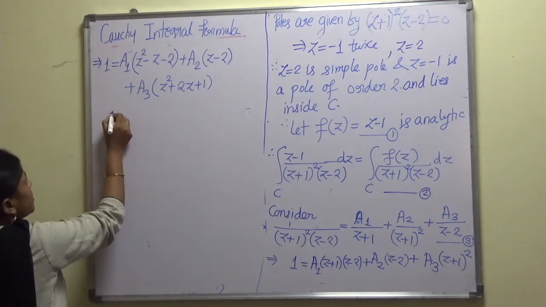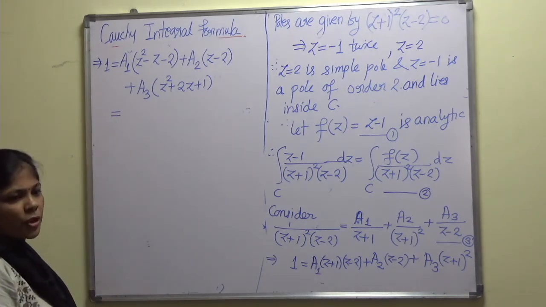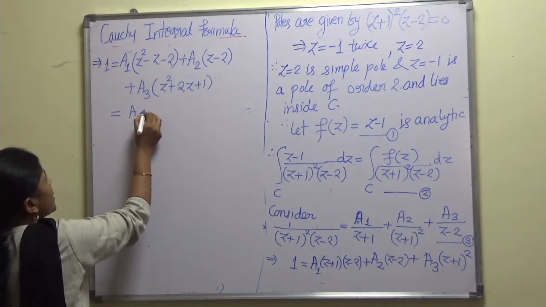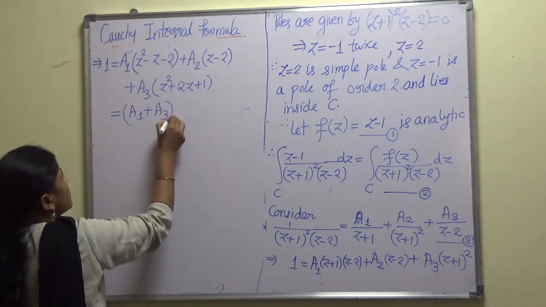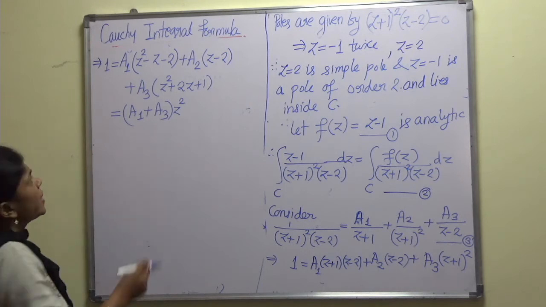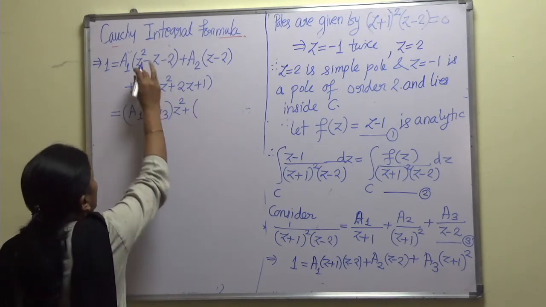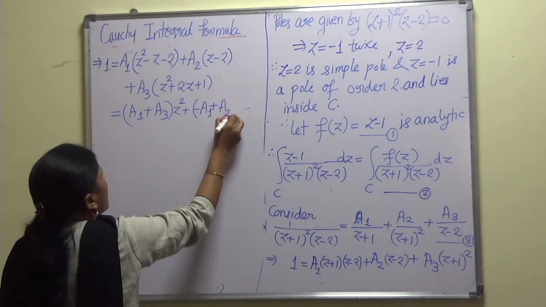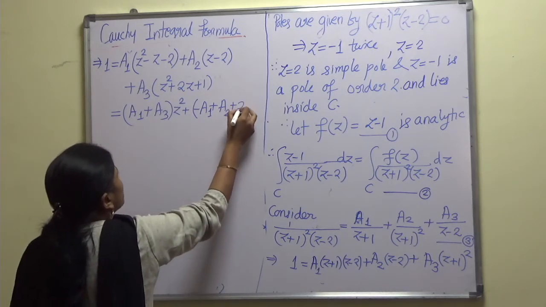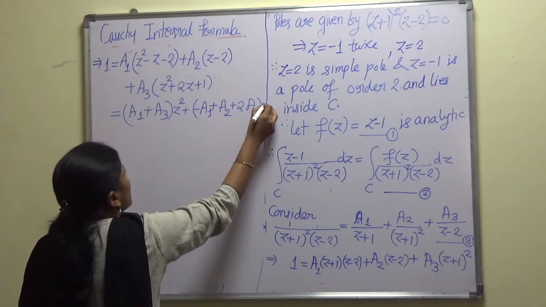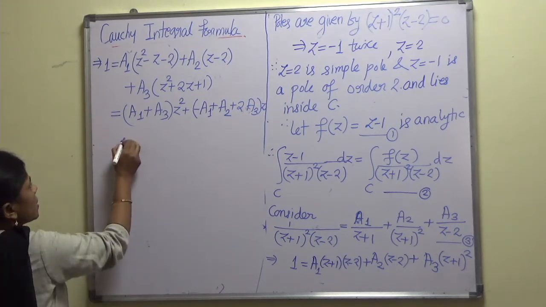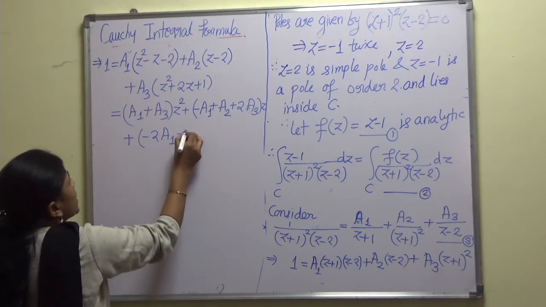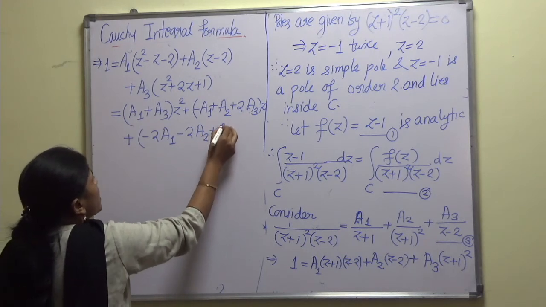Okay, collect the like power term, coefficients of like powers of z. So what are the coefficients of z square? a1 plus a3. Then coefficient of z, that is minus a1 plus a2 plus 2a3 times z. Okay. Then next constant term. What are the constant terms? Minus 2a1 minus 2a2 plus a3.